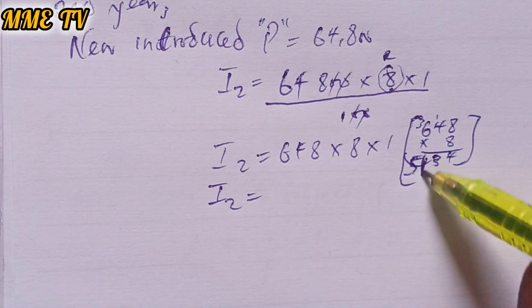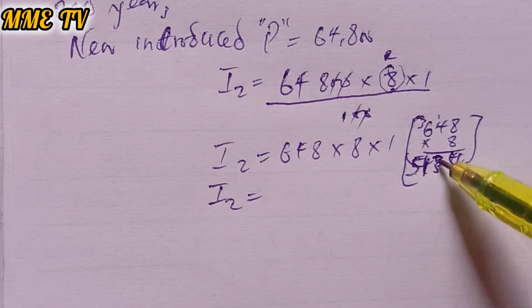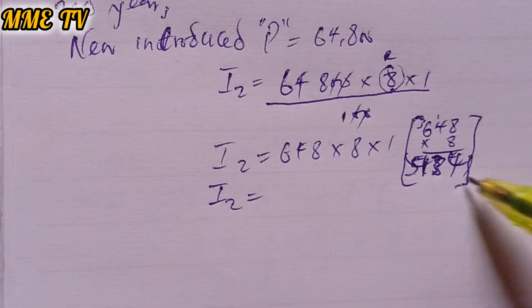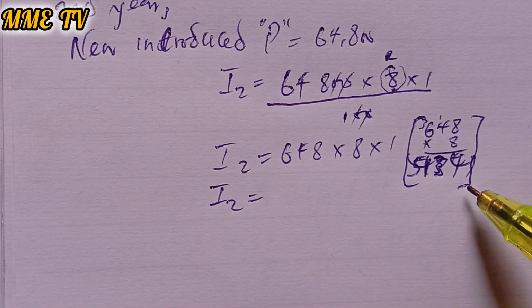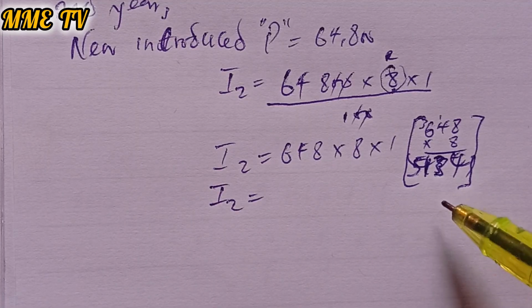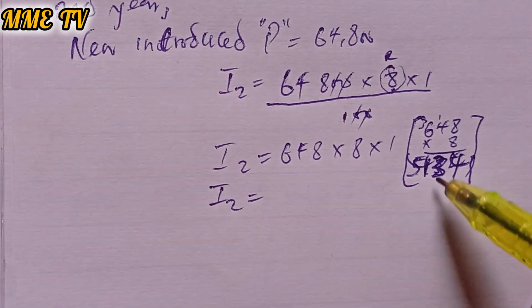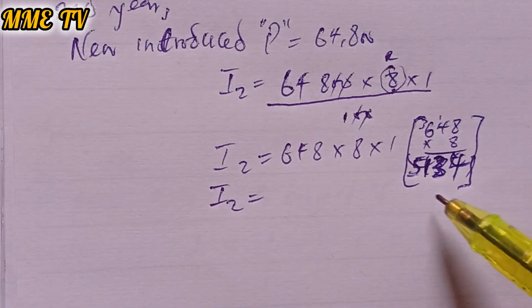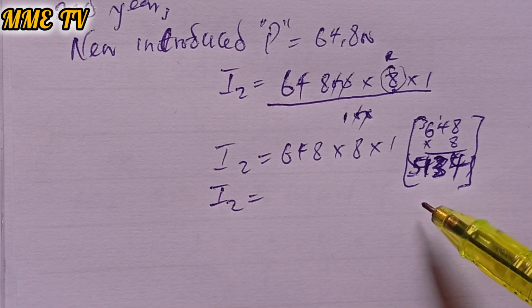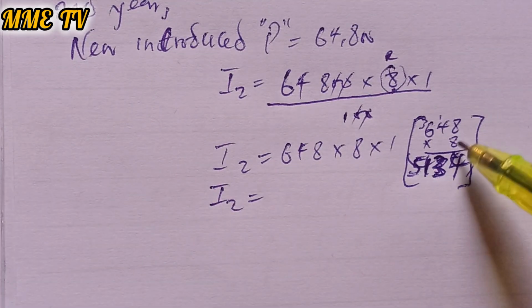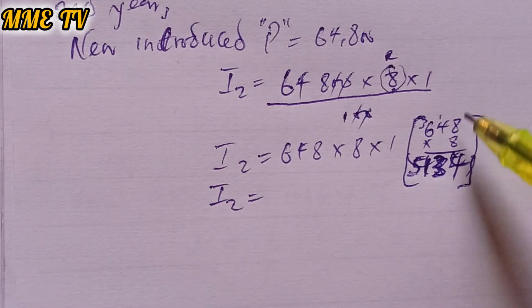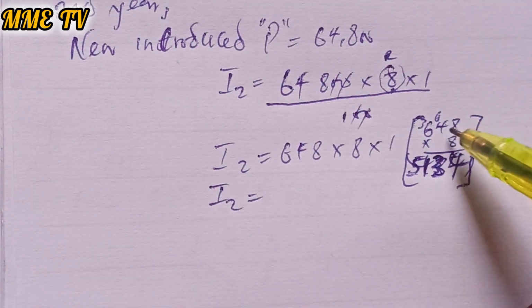Okay, so 5134. Remember that the aim here is trying humanly possible not to use a calculator. So I'm having 3, I'm having 4, I'm having 1, and I'm having 5, meaning that what I'm having, okay, 8 times 8 is 64, we are carrying 6.